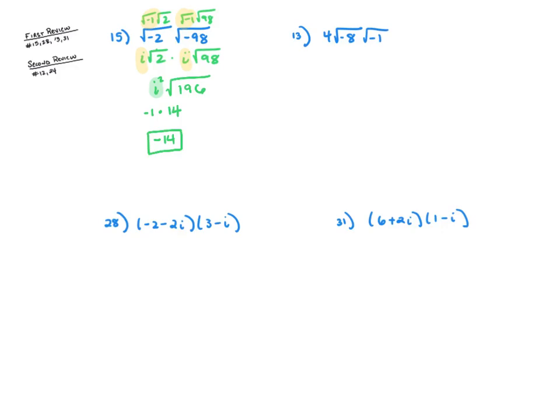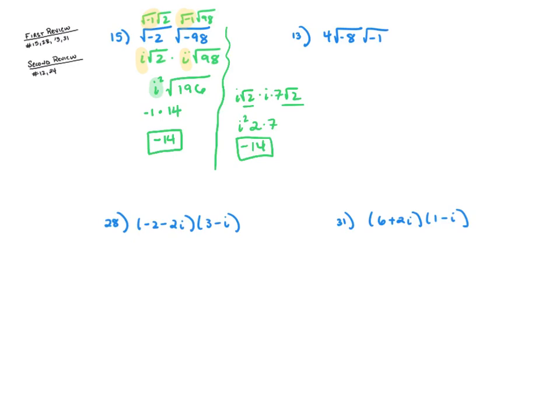If you tried to simplify first, you could have done that, like i root 2 times i times 7 times root 2, and then the root 2 times the root 2 would just be a 2. And you would end up with the same thing of negative 14, either way, whether you took a different path.